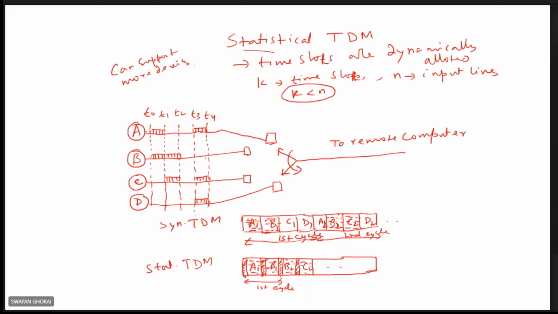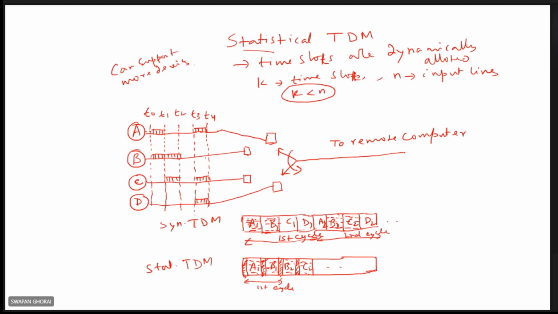So during the first epoch, T1 to T0, only slots A and B are sent, right? But here it may not be A and B. It can be B C, or B D, or A C, like these things.